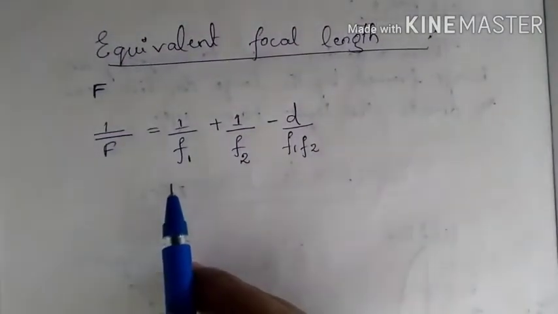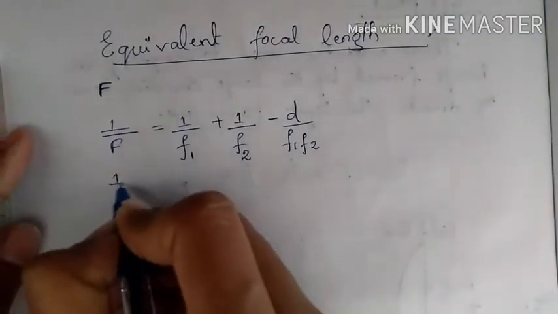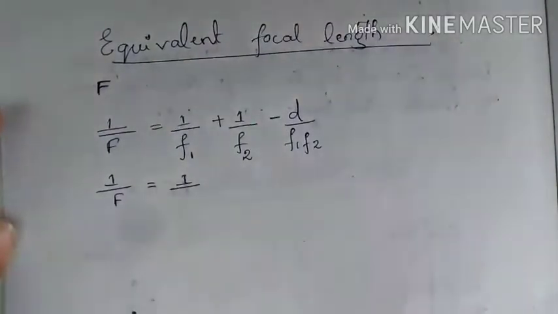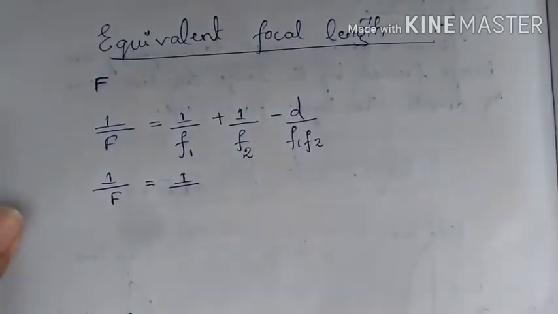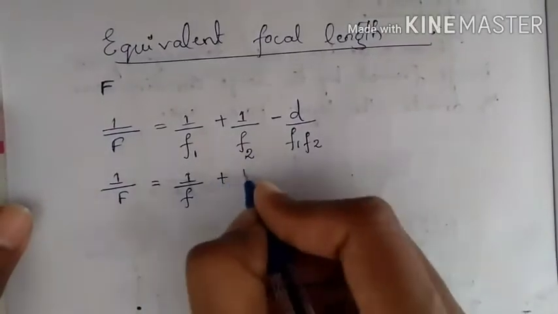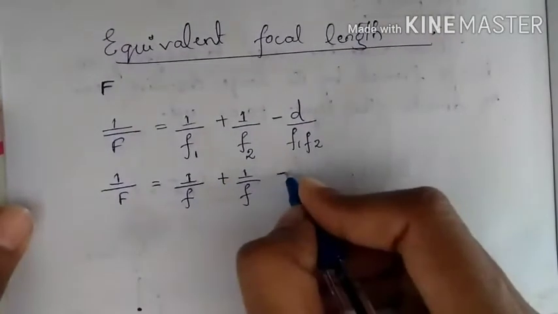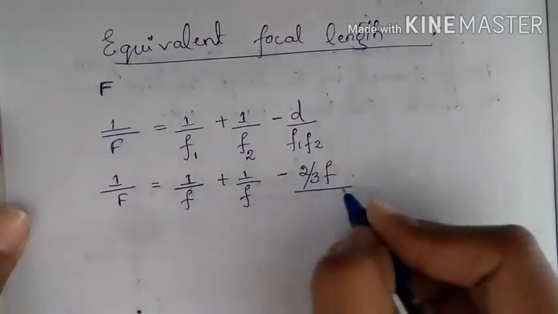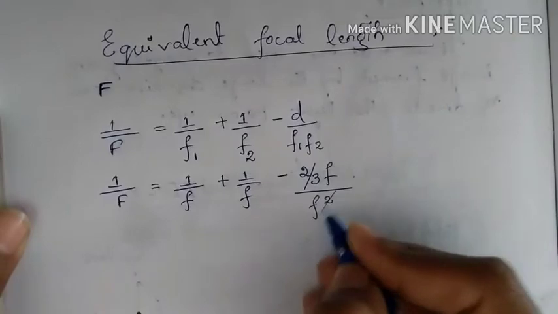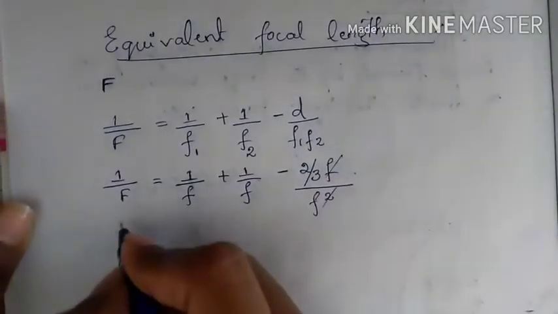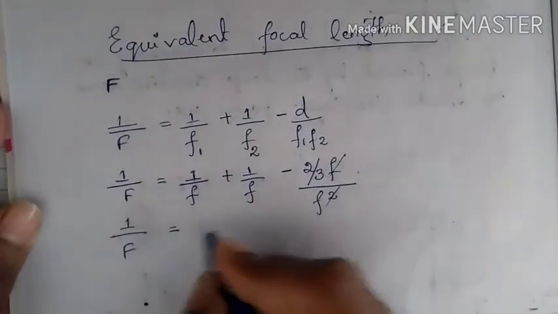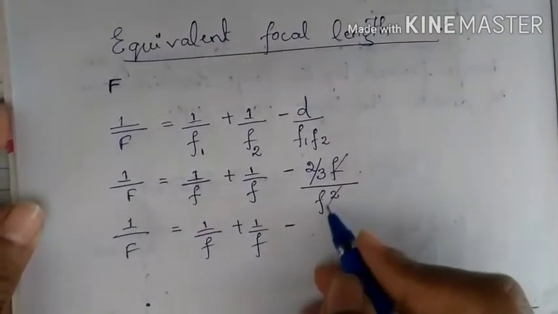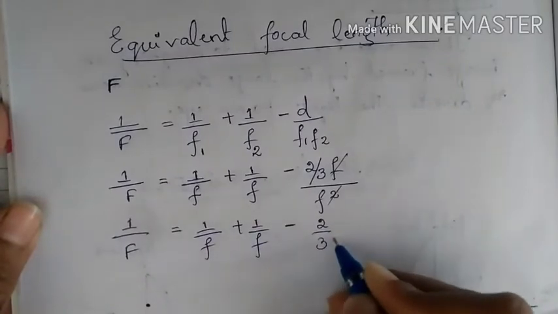So this is the equivalent focal length. So 1 by F is equal to, these two lenses have the same focal length, so that is f, plus f minus, D is the separation distance, so that is 2 by 3f, divided by f into f, f square. So f will get cancelled. What remains is 1 by F is equal to 1 by f plus 1 by f minus 2 by 3f.